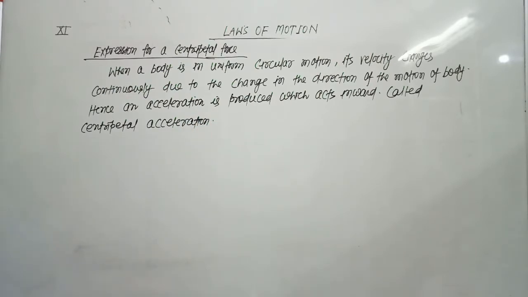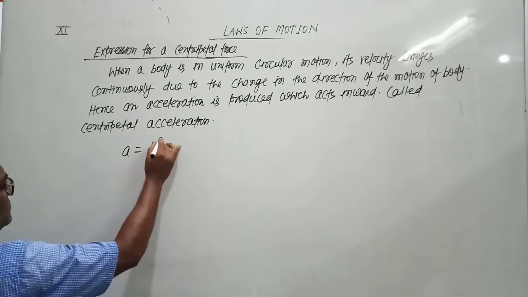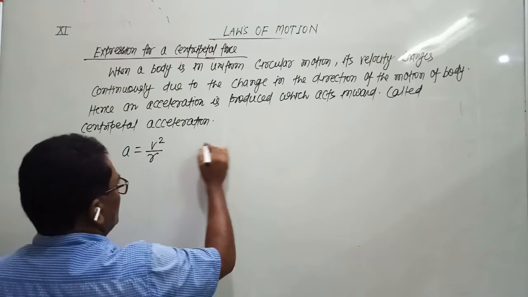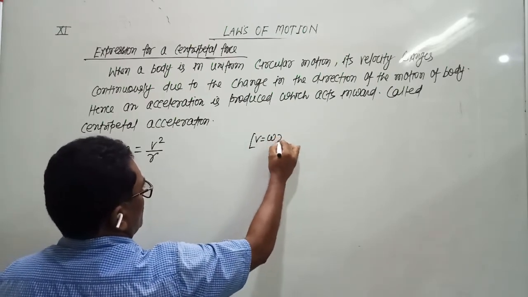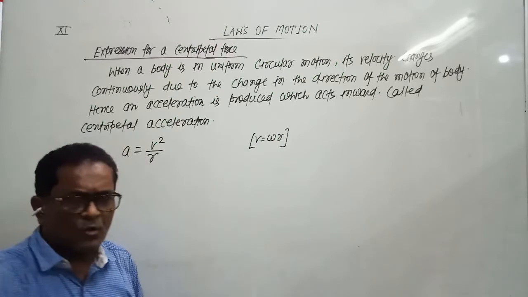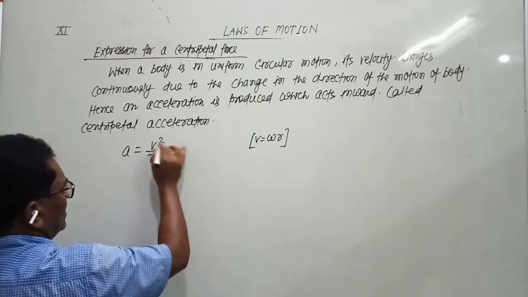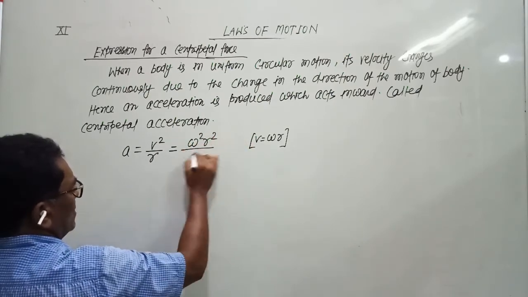So centripetal acceleration acts inward, and it is given by a equals v square by r, and we know v equals omega into r, where omega is the angular velocity and r is the radius. So v square means omega square r square upon r.